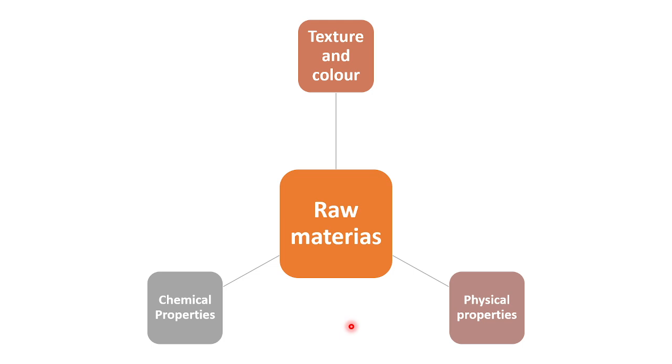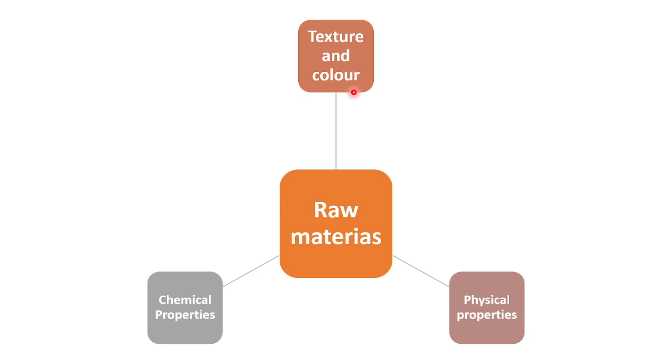In raw materials, for example, if the final product is a tire, there are different raw materials. The base is obviously a rubbery material or elastomer. There are fillers, curing agents and other processing aids. Now when you get materials from your supplier, first you have to check visually the texture and color.